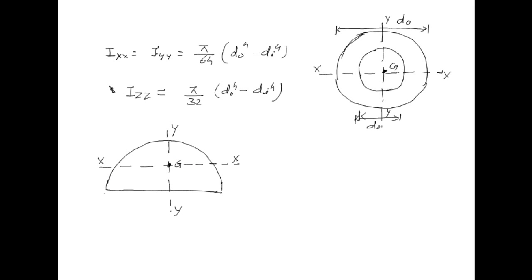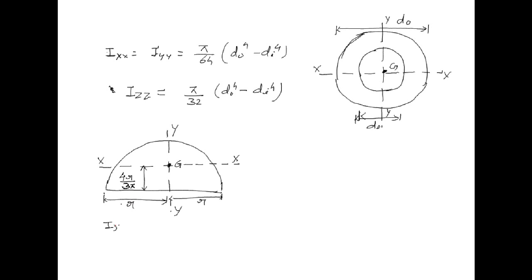If we are taking this as the base, we are taking the radius of this semicircle as r, or the diameter of this circle is 2r or d, and the distance of this axis xx from the base of this semicircle is 4r by 3 pi. This is the standard. So we can find out the moment of inertia about the axis xx and about the axis y.